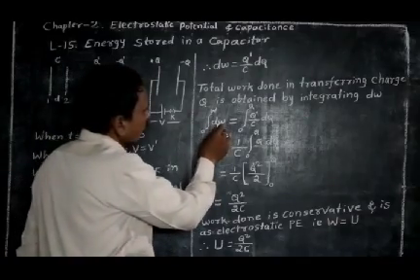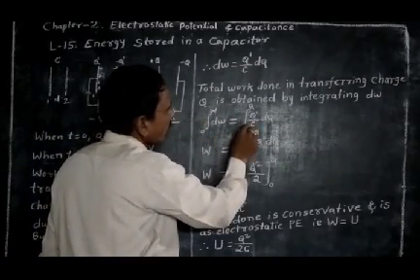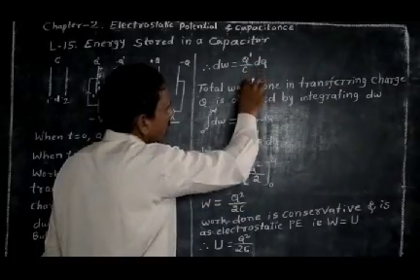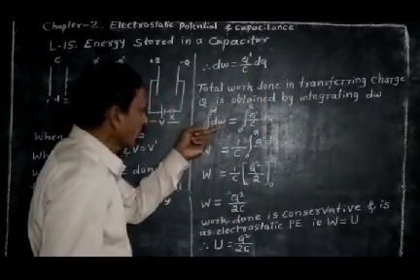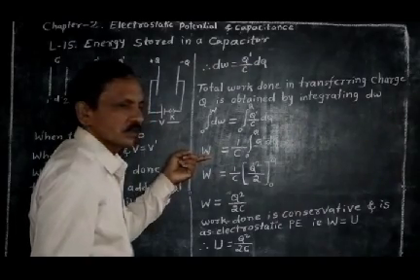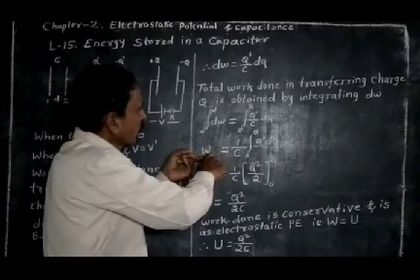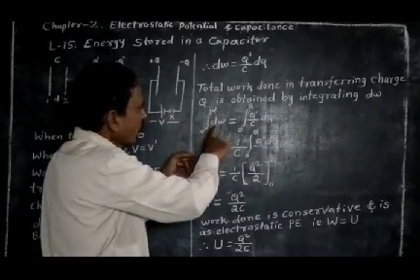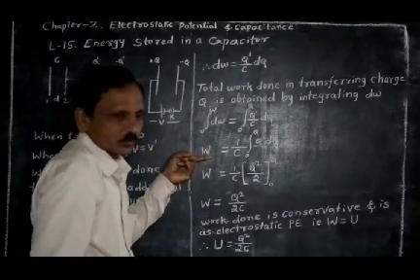Therefore, integral of dW from 0 to W is equal to integral of q dash upon C into dq. And integral of dW is equal to W, substituting upper limit minus lower limit, we get W minus 0, that is W.